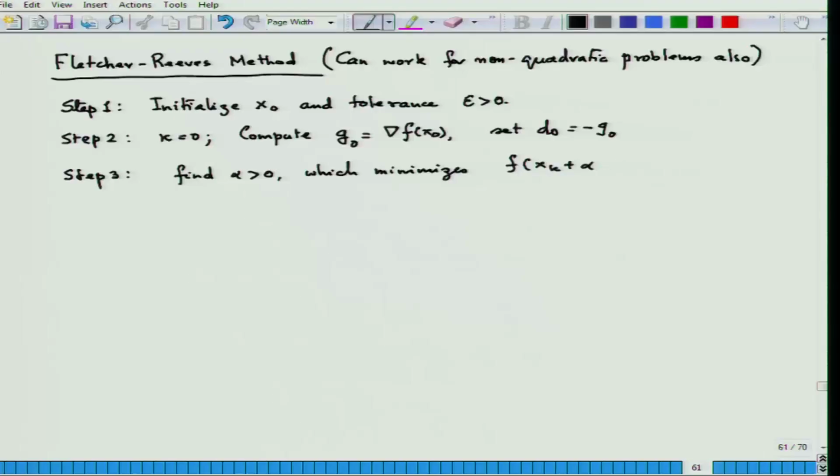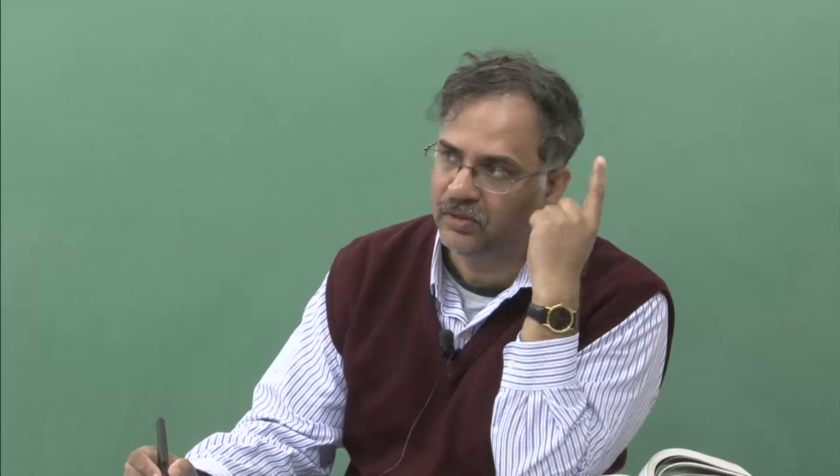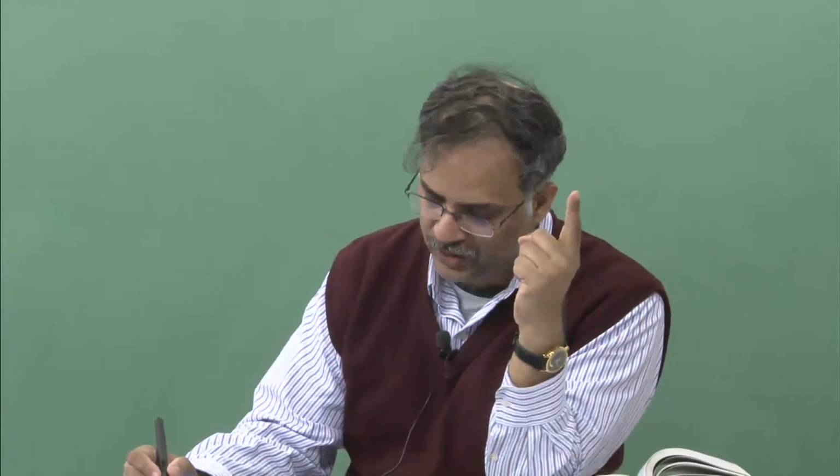Possibly at the very end of this study of unconstrained optimization, we will take up one day to explain some very important one dimensional minimization techniques, because when x k and d k are fixed, this is nothing but a function of alpha. So, basically you are talking about one dimensional minimization of a real function of a real variable, f from R to R.